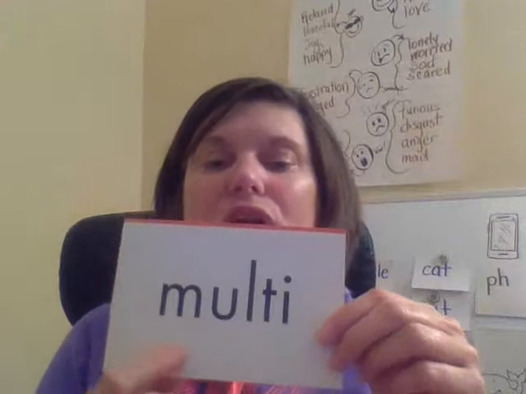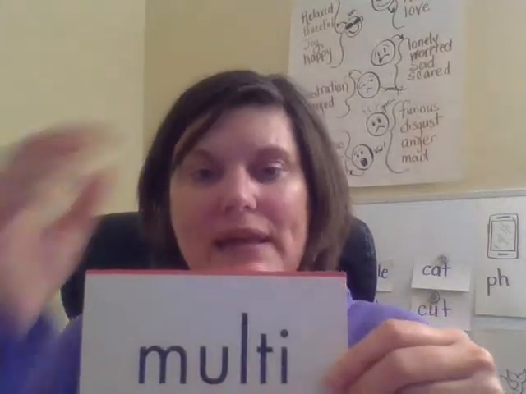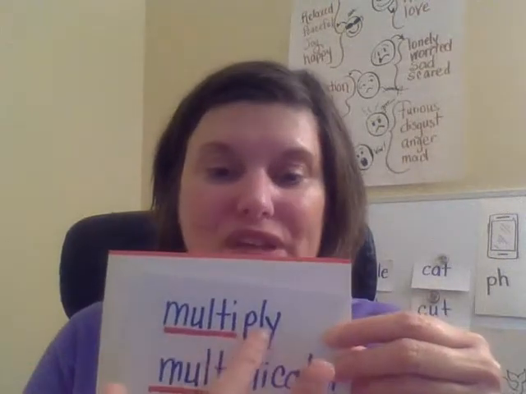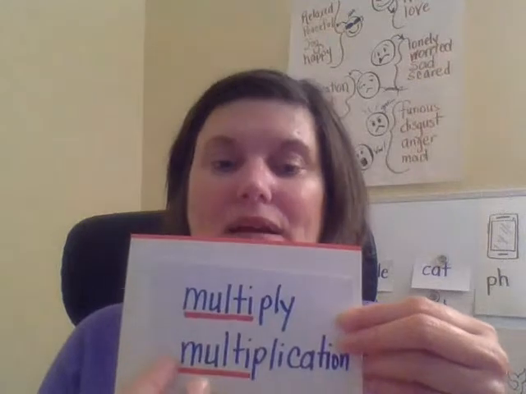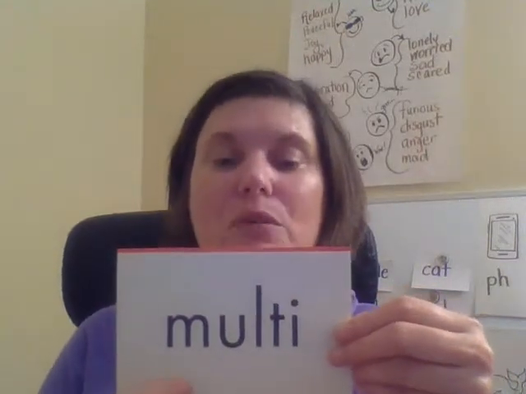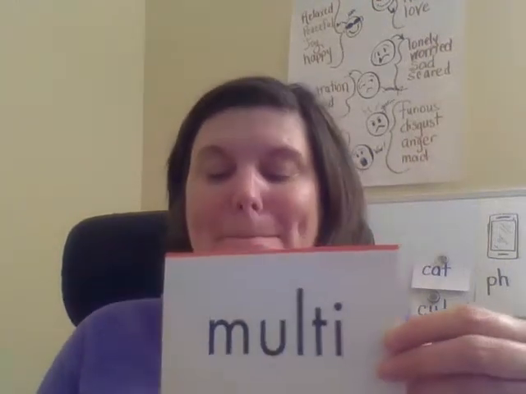My turn. Multi. Might be multi, like multi-family, but usually we're going to hear multi, like in multiply or in multiplication. So multi. Together, multi. Good. Your turn. Good. And it means many.